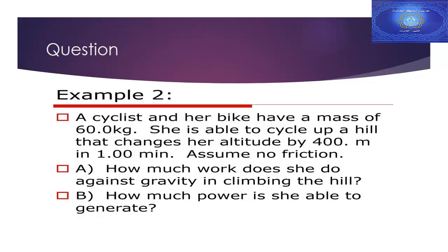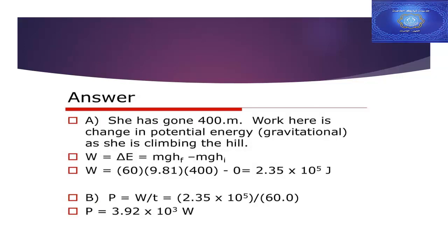First question, we want to calculate work. To calculate work, we should have force and distance. But in this question, we don't have force. We have the mass of the cyclist and her bike. We have distance. But to calculate work, what will we do? We will use the relation between work and change in potential energy.